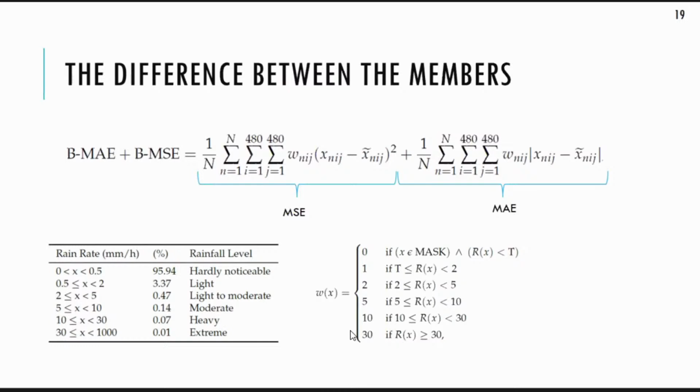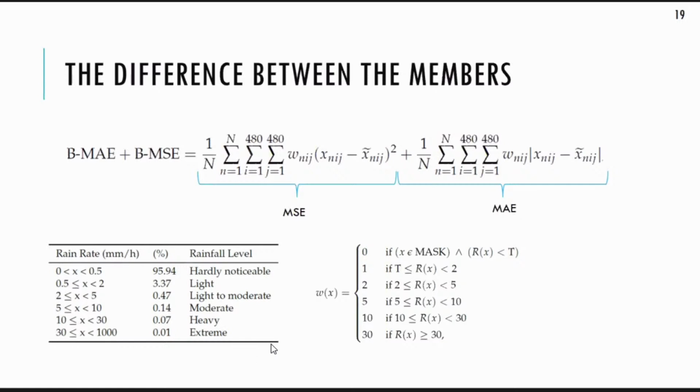So if we think about a neural network that is at the moment really bad at forecasting an extreme event and makes a mistake of even only 2 millimeters per hour, then this 2 millimeters per hour will be multiplied by 30 after even being squared. So the punishment for being wrong in an extreme event is very high, and therefore the network really tries to put more emphasis on extreme events.